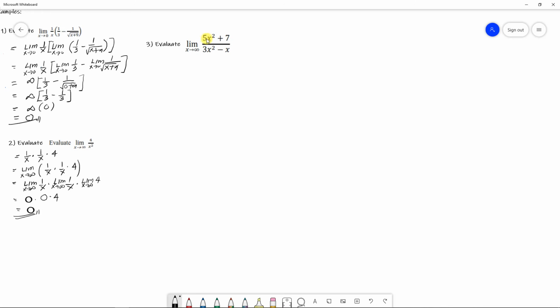Kasi 5 times infinity is infinity plus 7 still infinity. Sa denominator, okay, doon pala, magkakaproblema na. Okay, why? 3 times infinity is infinity minus infinity is undefined. So, infinity divided by undefined, mas lalong magulo. So, hindi pa pwedeng direct substitute natin yon.